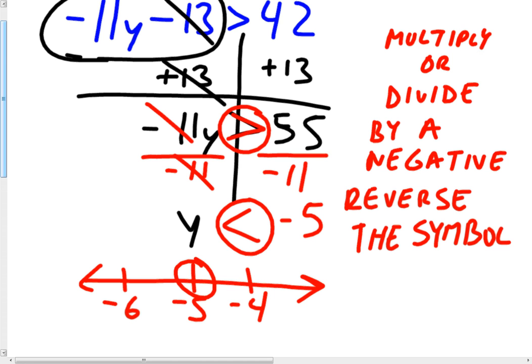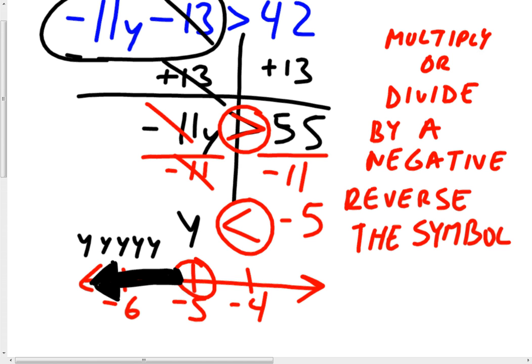Where are all the numbers less than negative 5? Put little y's over here. On your test, I don't need to see that. I don't need to see these little y's.